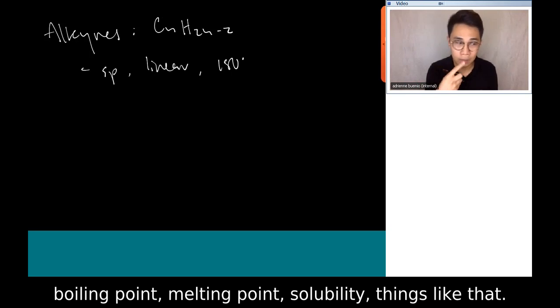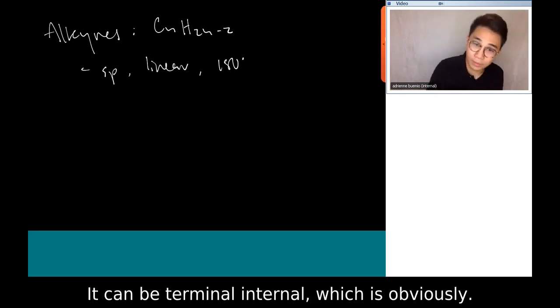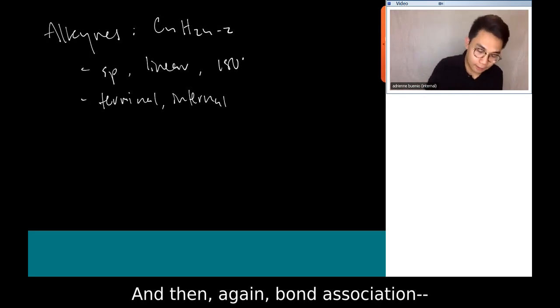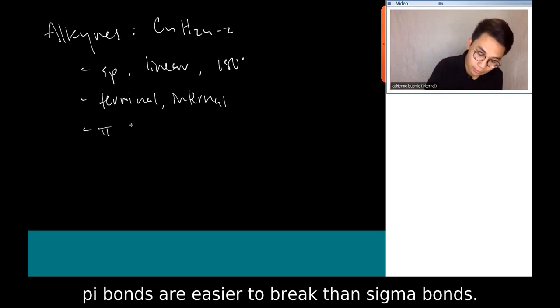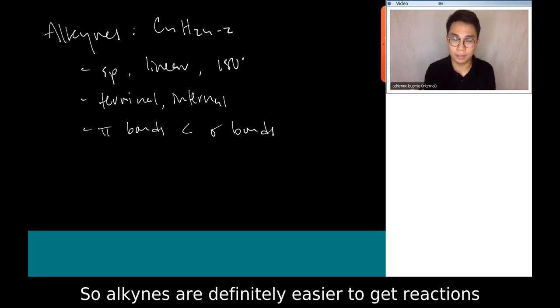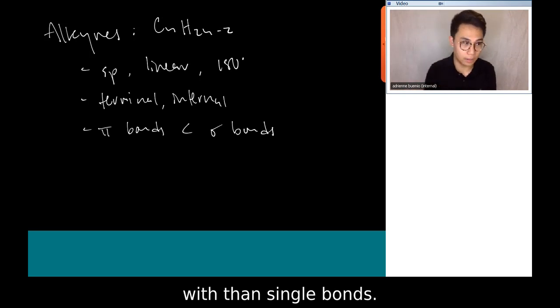It can be terminal or internal. For bond dissociation, pi bonds are easier to break than sigma bonds, so alkynes are definitely easier to get reactions with than single bonds.